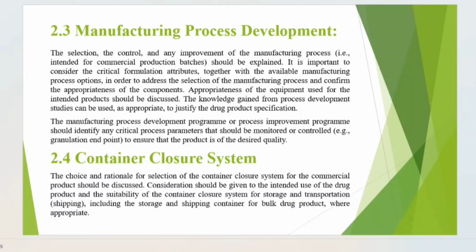Critical process parameters means mixing speed, mixing interval, then amperage reading during the formation of the dough mass, that is for the granulation. Then blending speed, blending time, and the hardness, how the machine hardness is set, those are the critical process parameters.